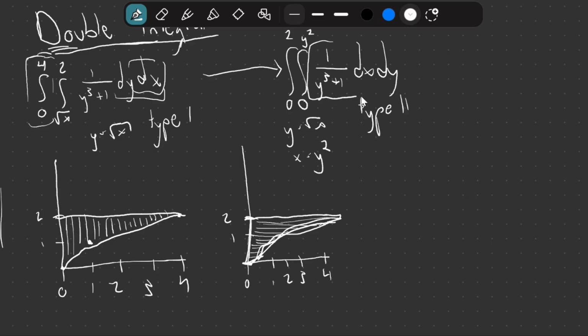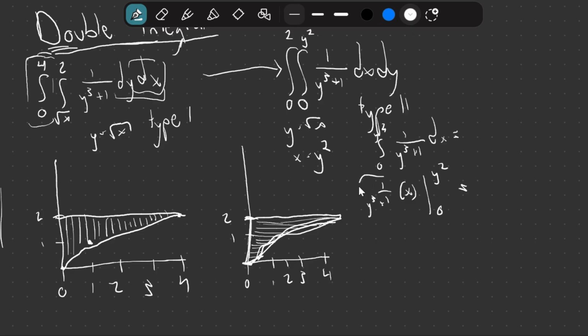And solving this will be much easier with dx first, because this 1 over y cubed plus 1 all just becomes a constant. Now we can actually start solving the integral. So we'll start with the first one, which is just 0 to y squared, 1 over y cubed plus 1 dx, which becomes 1 over y cubed plus 1 times x from y squared to 0, right?